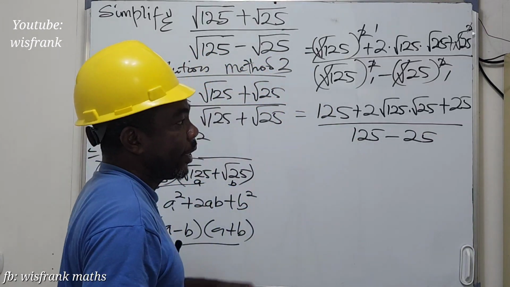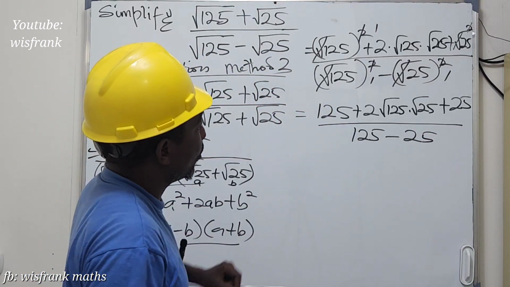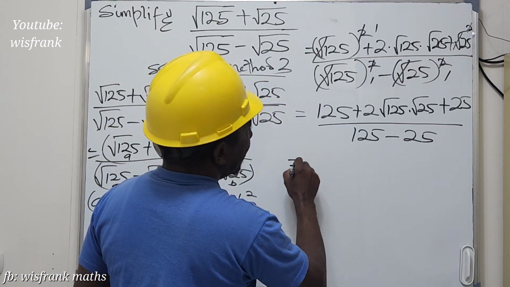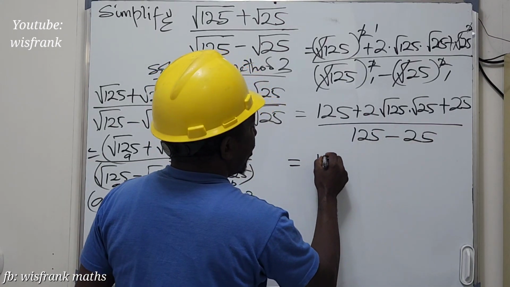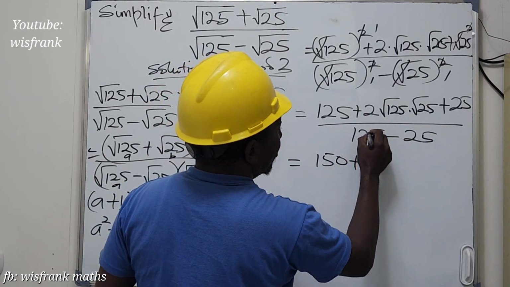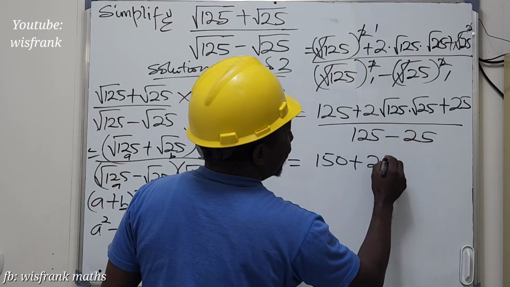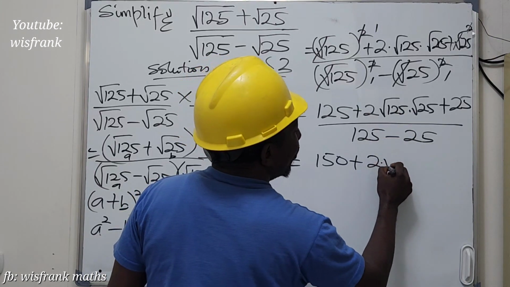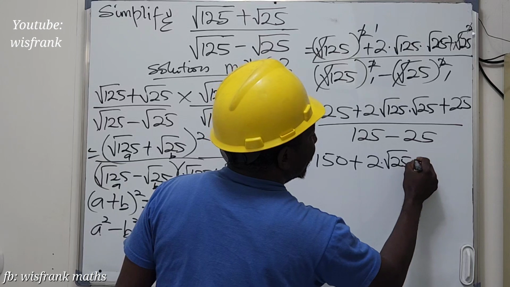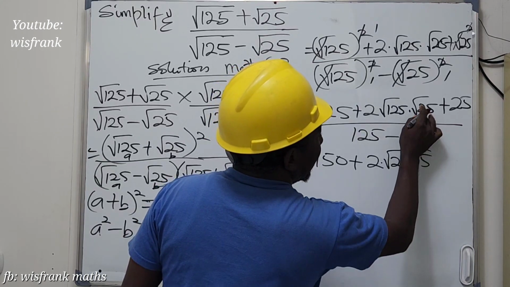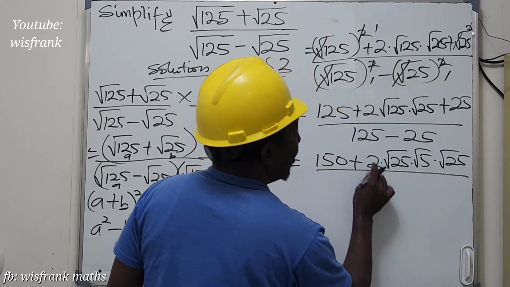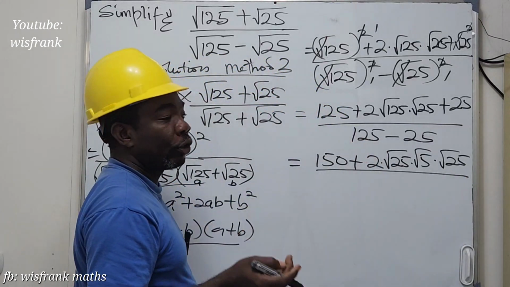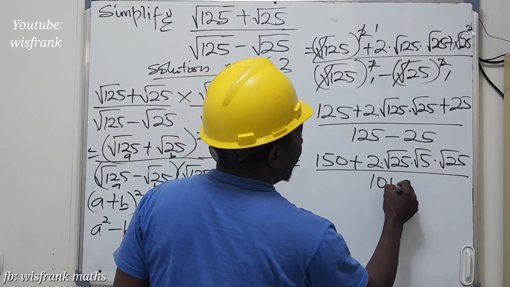So this is what it becomes. 125 plus 25 gives us 150, plus 2 times root 125, which is the same as root 25 times root 5, times root 25, all over 125 minus 25, which gives us 100.